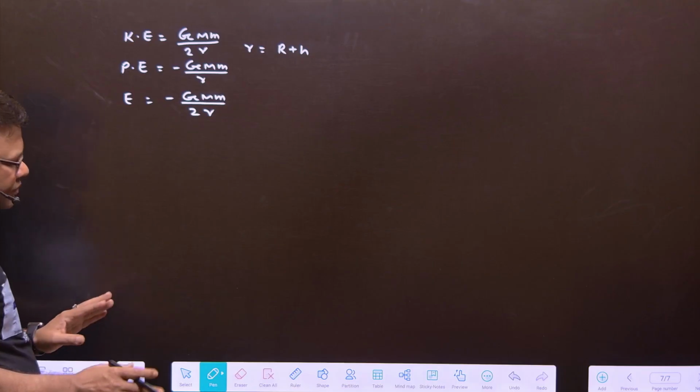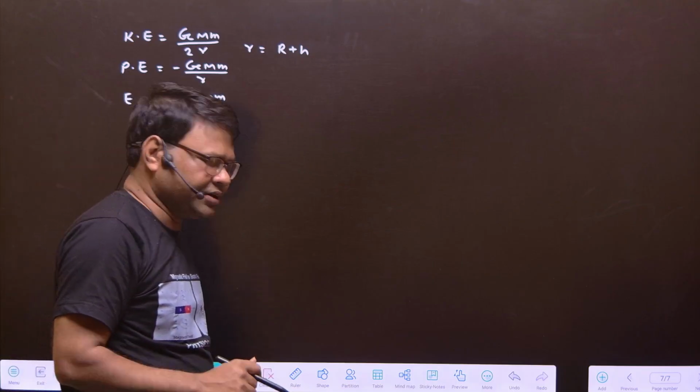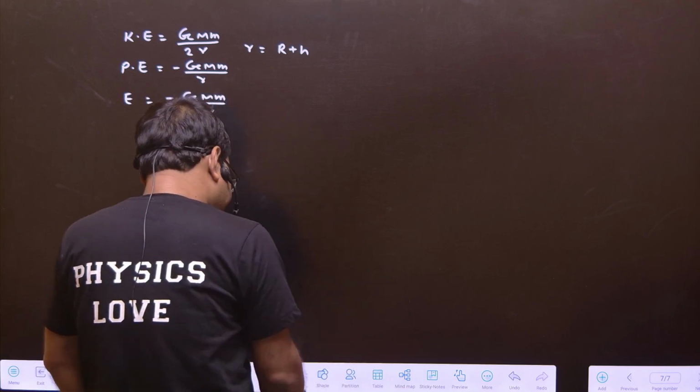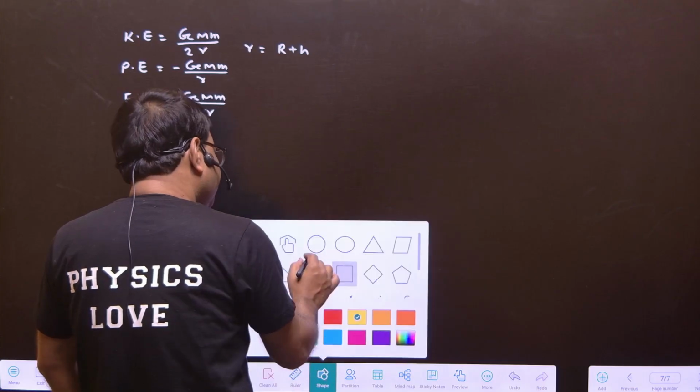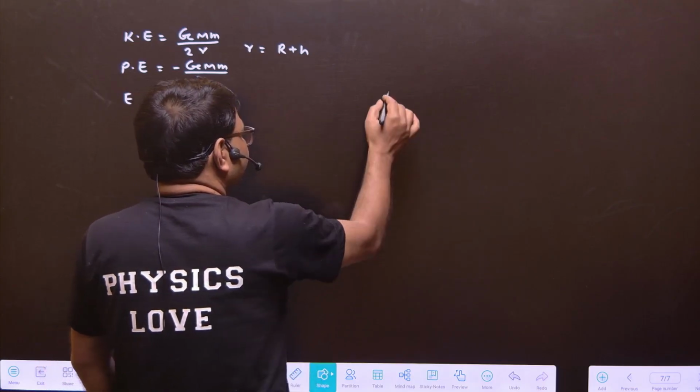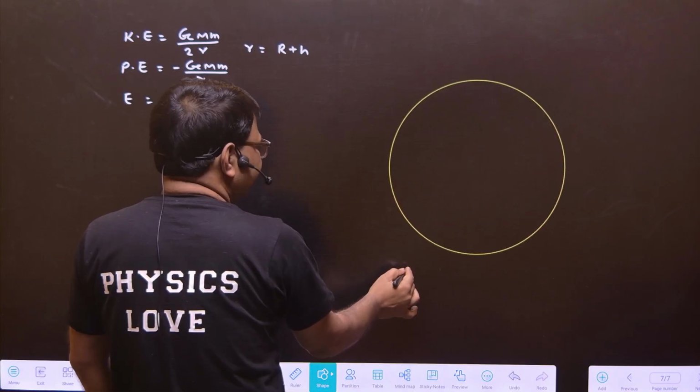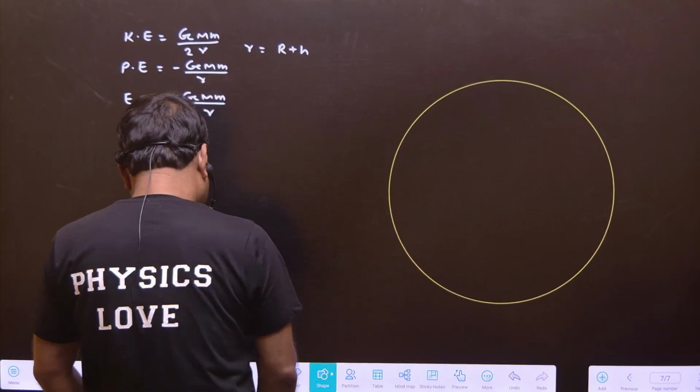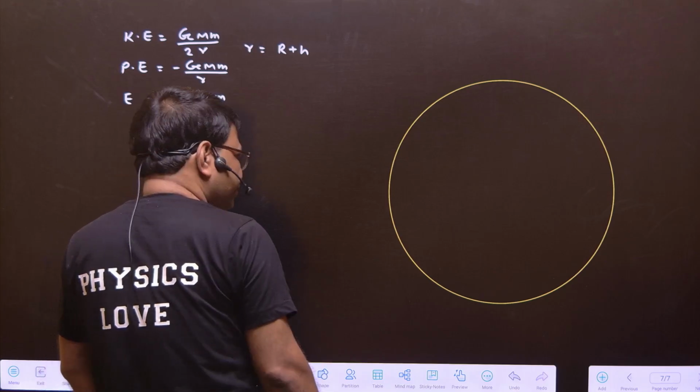Now one orbit I am drawing here. Assume this is the orbit, a circular orbit, and assume this is the earth.